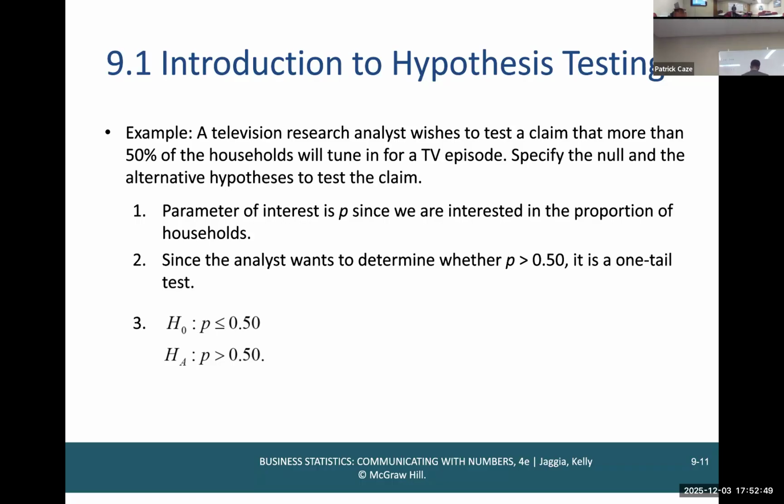I apologize. All right, so as you can see from the example, the null is that it's less than or equal to 0.50, because that's what they said. And then here the alternative is greater than. This is what we think. We think that it's more than 50%.